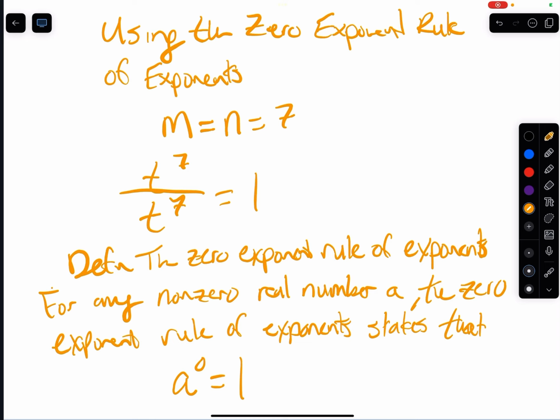Any real number raised to the 0 power is equal to 1.